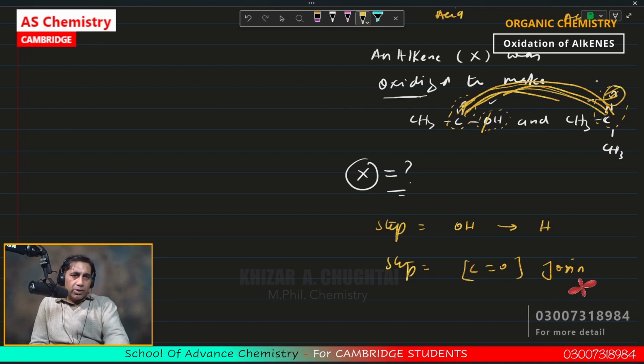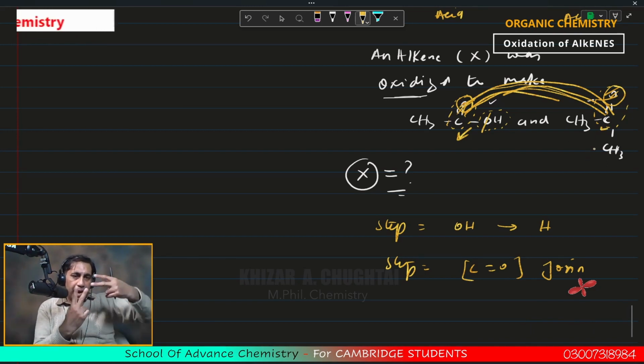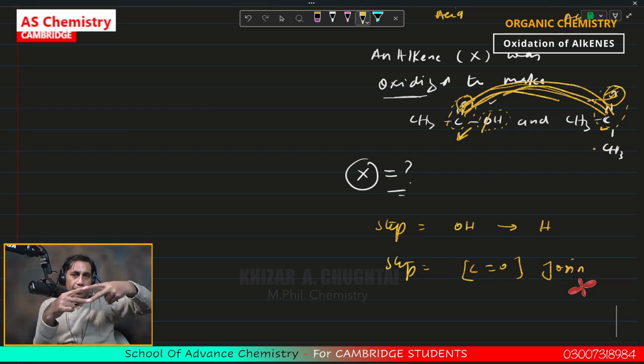You will remove this oxygen as well, and then you will join this carbon and this carbon. The C double bond O carbons will move to make a double bond.